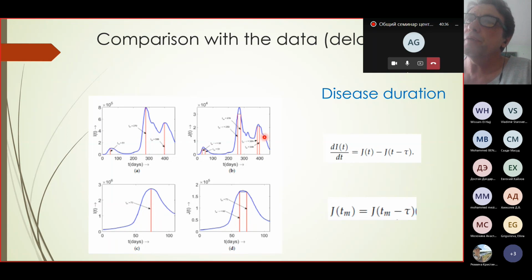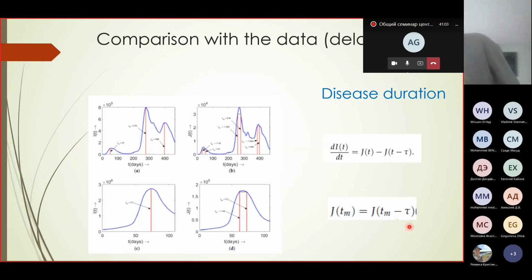and we determine the moment of time such that these two values are equal to each other. So we just take the same value and we find this previous moment of time with the same value. So the difference in time is exactly this disease duration tau.